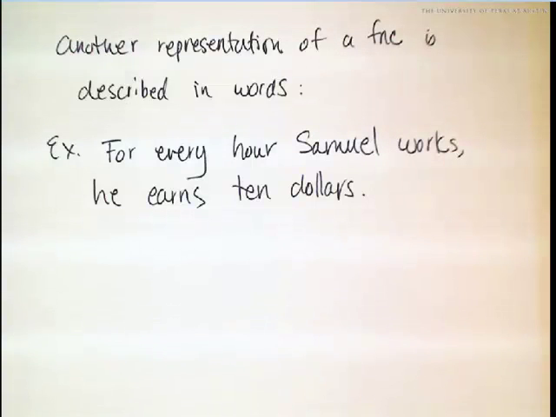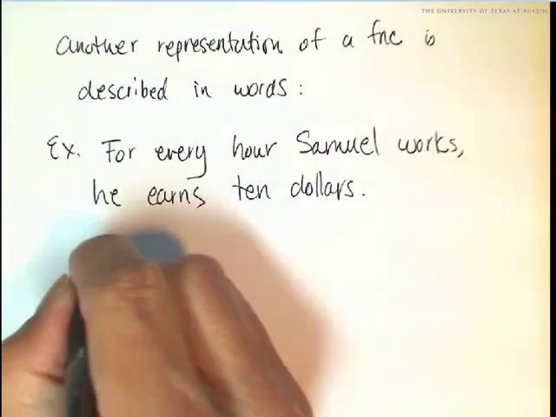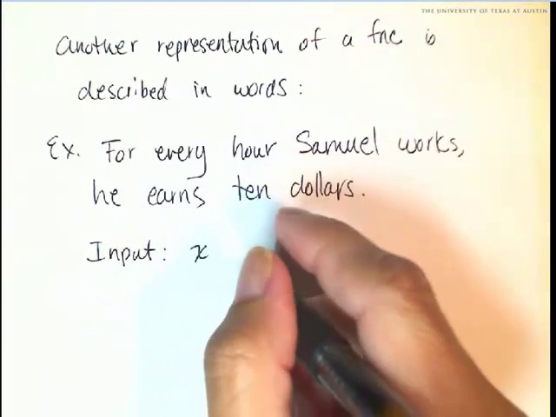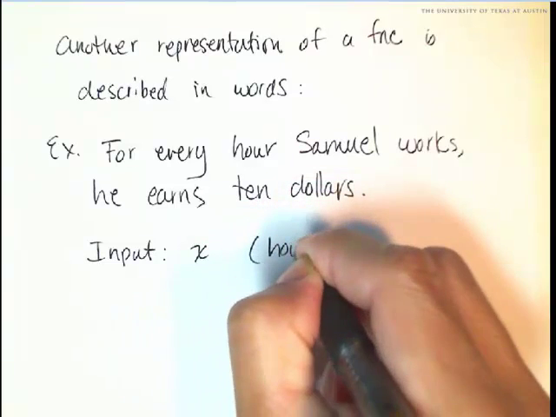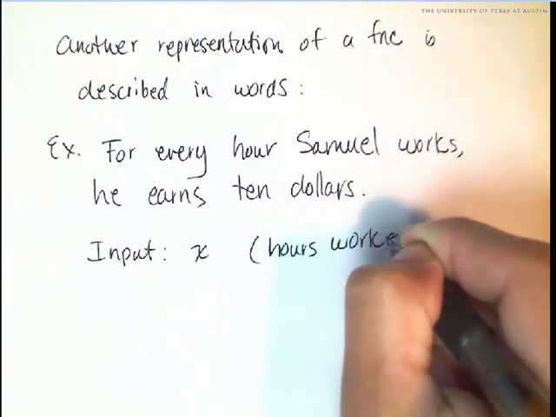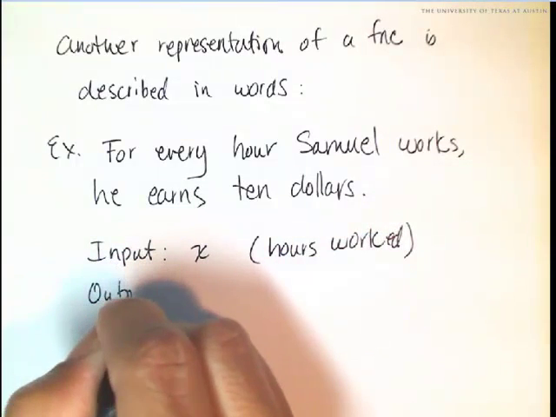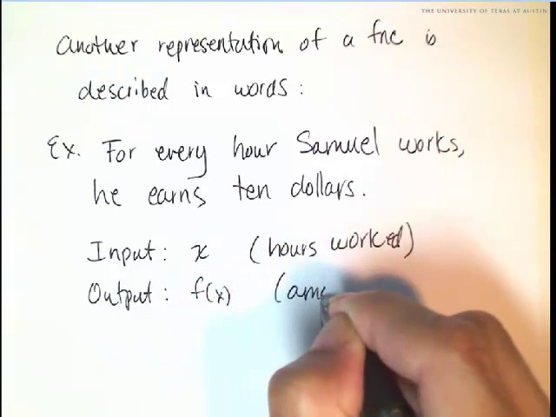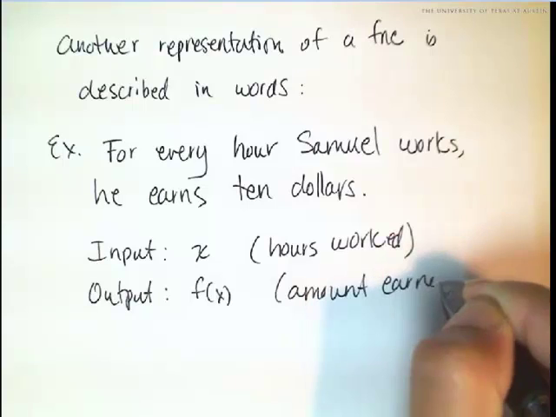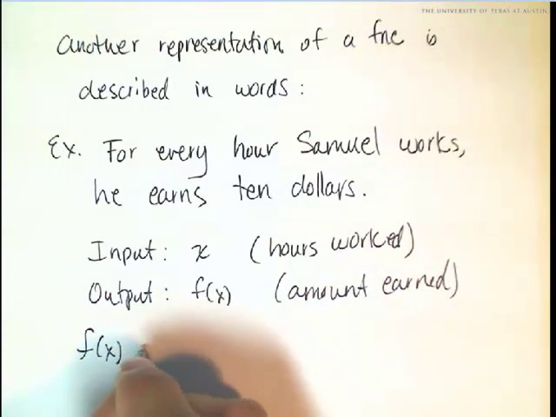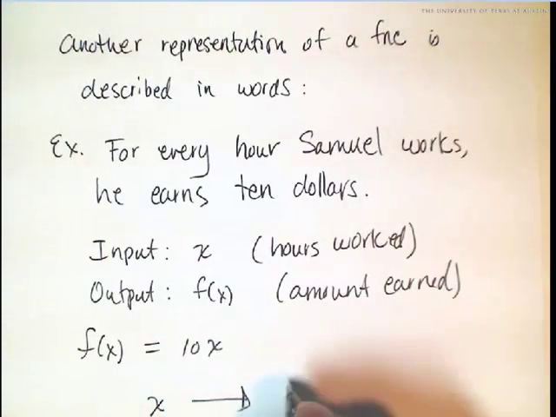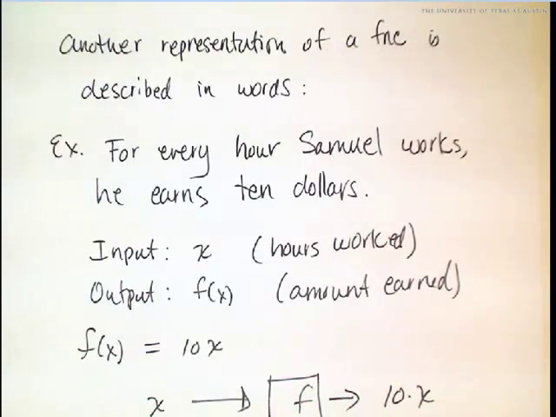Okay? Notice this describes a function whose input, which we'll represent as x, is the number of hours worked, and the output, your f of x, is amount earned. And notice f of x here would represent 10x.